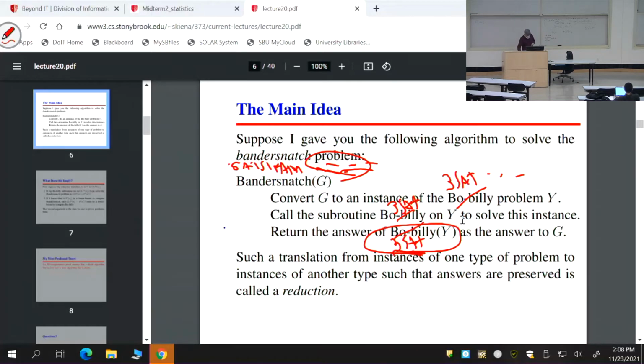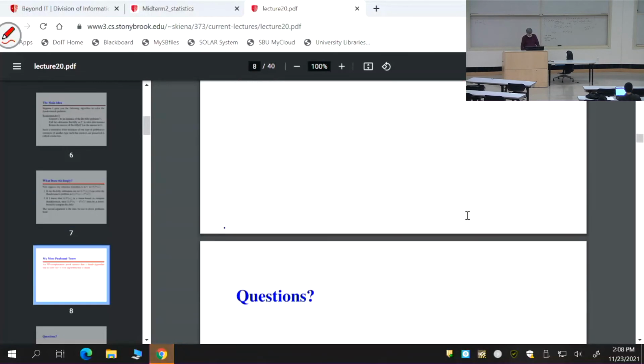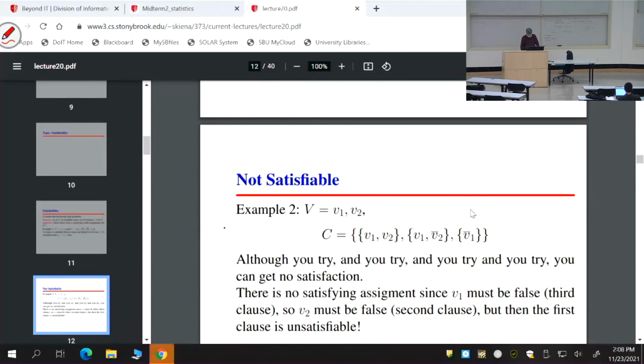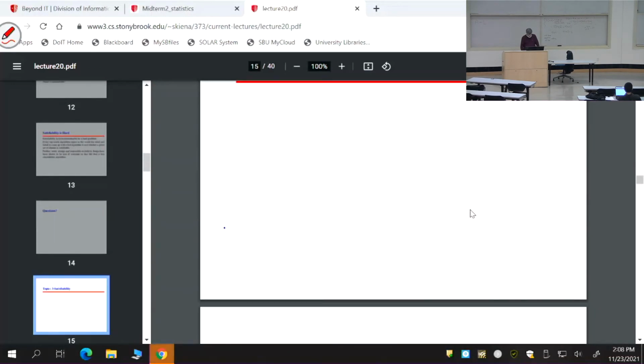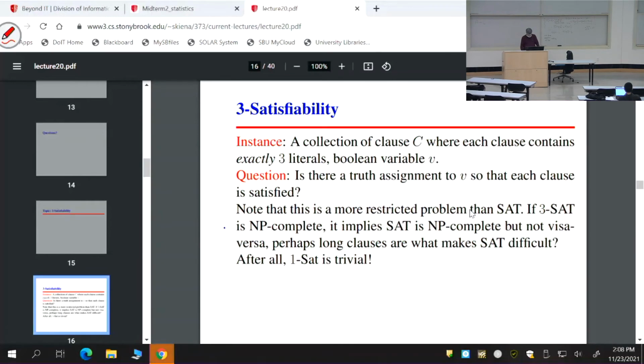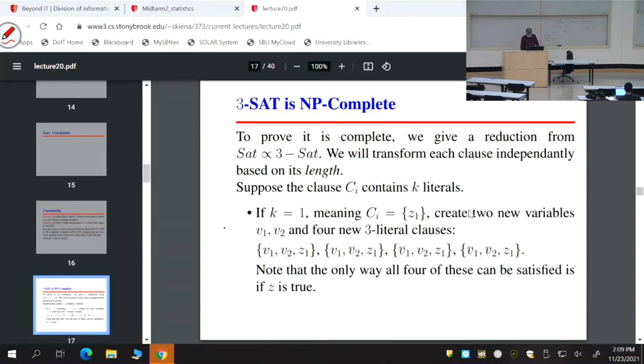So now I've got to show you how I can translate a general satisfiability problem into a 3 satisfiability problem. Let's look at this translation. I'm going to do this translation from sat to 3 sat, one clause at a time.